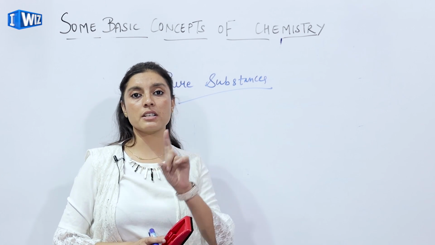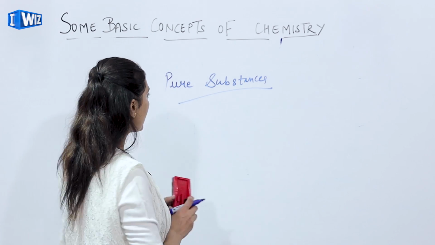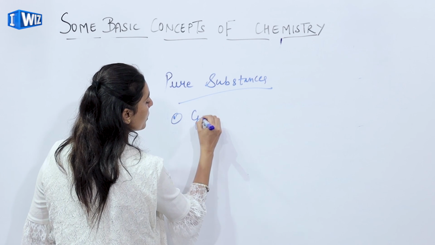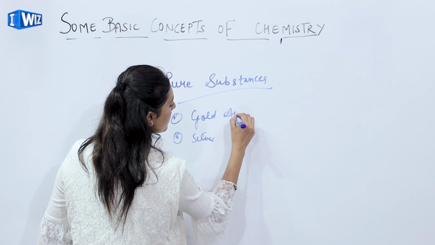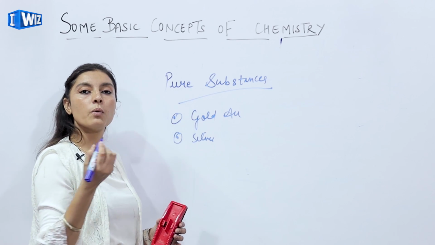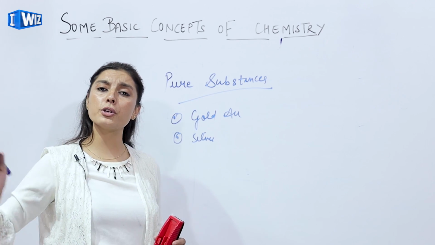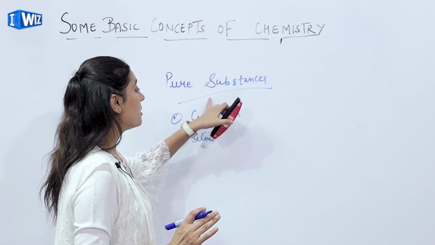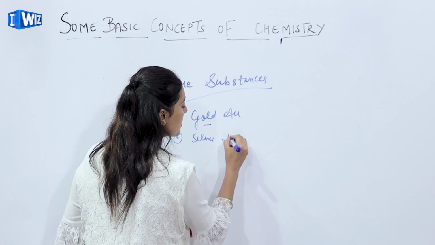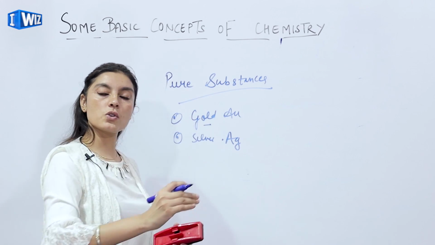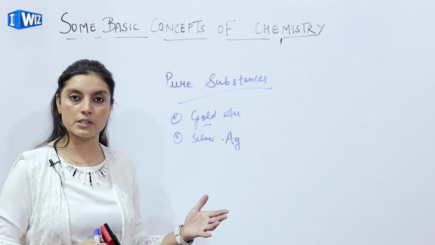A single particle should be there. In that, I can give you the example of gold and silver, because gold, which is Au, is made up of one particle only. The particles of gold you will find everywhere. If we talk about one brick of gold, or silver, it will have the constituents of that metal only, no other constituent.